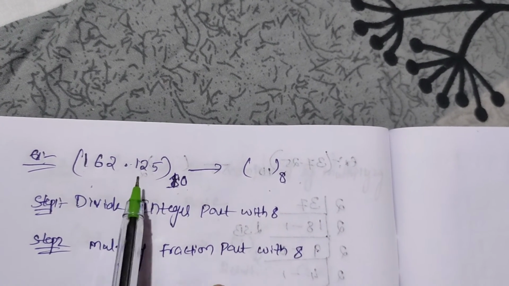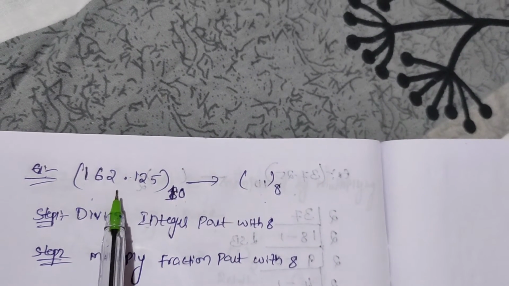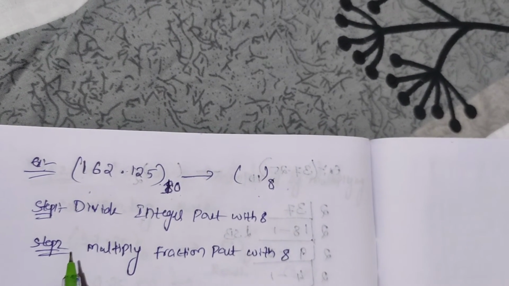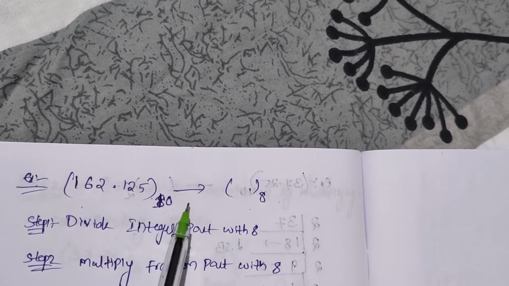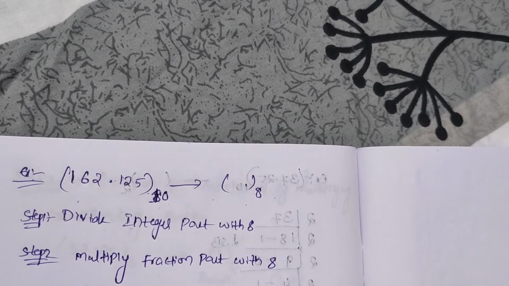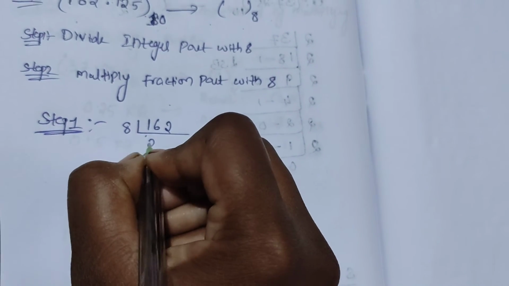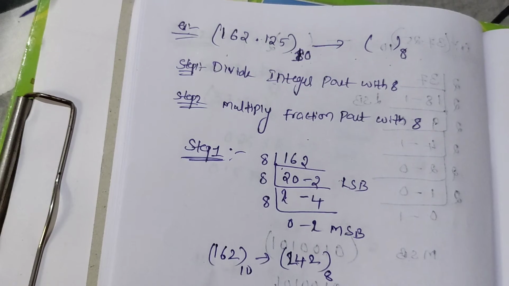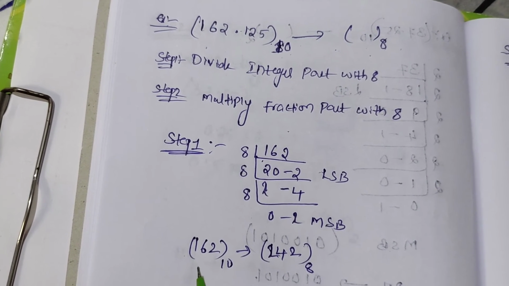Let us take an example of decimal to octal conversion with a fractional part. In step 1, divide the integer part with 8, and in step 2, multiply the fraction with 8. So dividing the integer with 8, on dividing 162 with 8, we get the remainders. Note down: the first obtained remainder is LSB and the last one is MSB, 242.